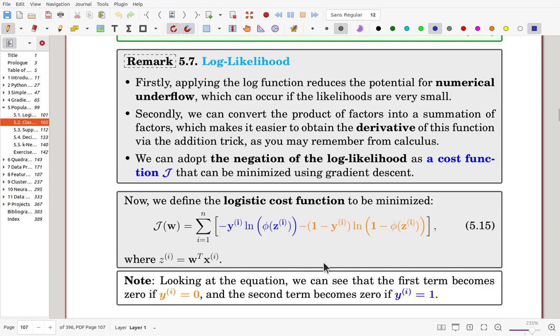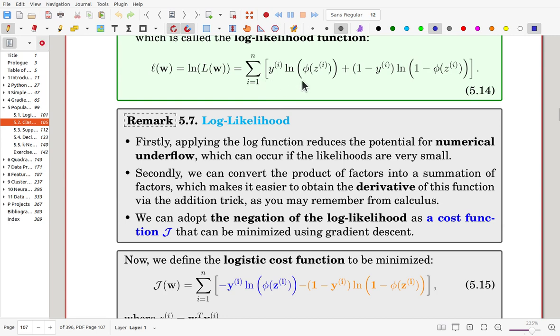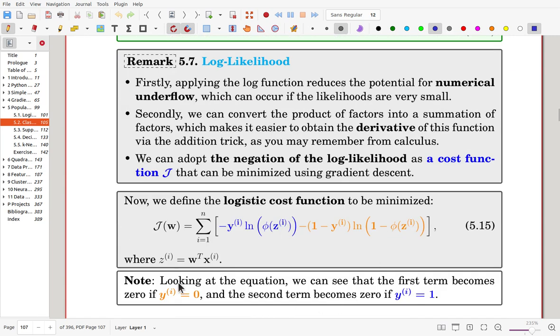So here, the logistic cost function is defined in this way. It is the negative of the log likelihood, and J(w), as a function of w, is defined in this way.